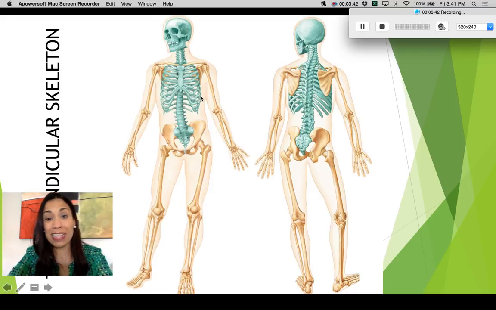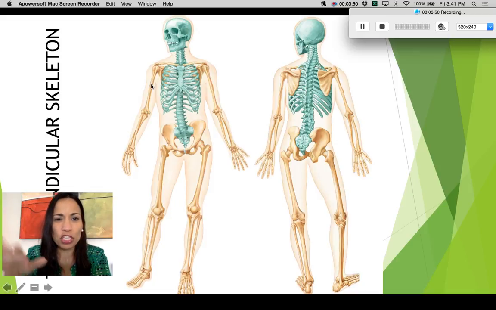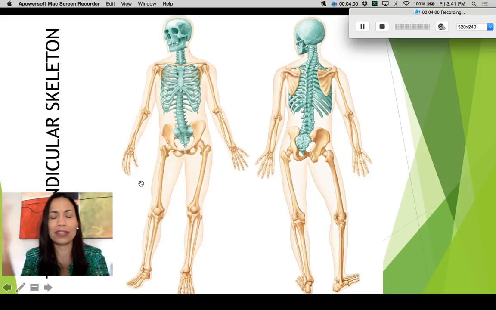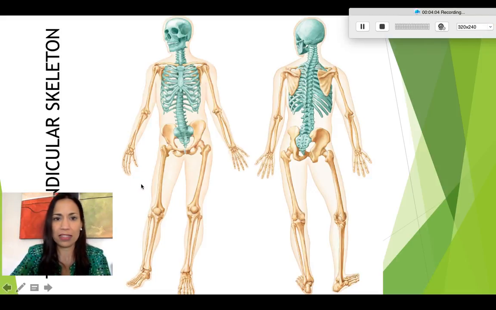Now, whatever is appended or attached to the axial skeleton, we call it the appendicular skeleton, which is the yellowish beige area of the skeleton. So we are going to divide this into several regions just for the sake of making this easier for us to study, okay?